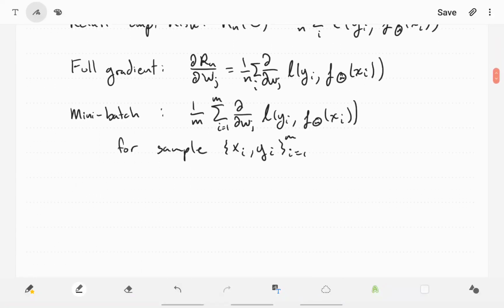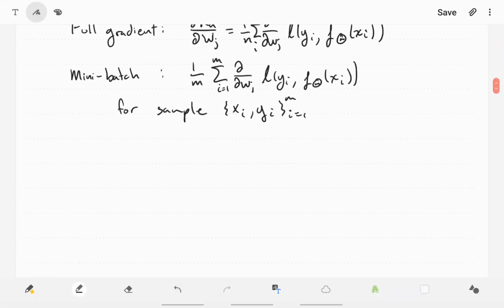We would start, for example, by using the chain rule on the loss. And so this partial of a loss, partial over partial, let's just use wjk, of the loss of yi and f sub theta of xi.